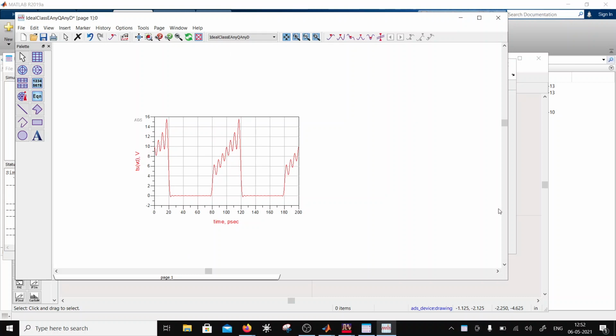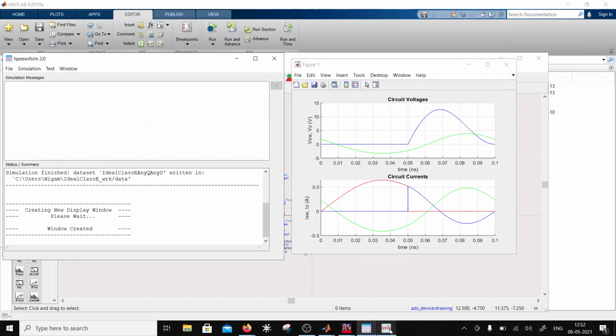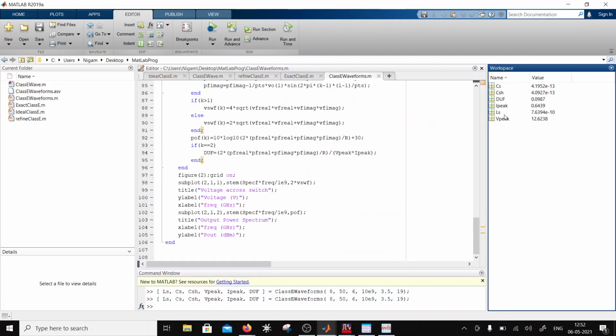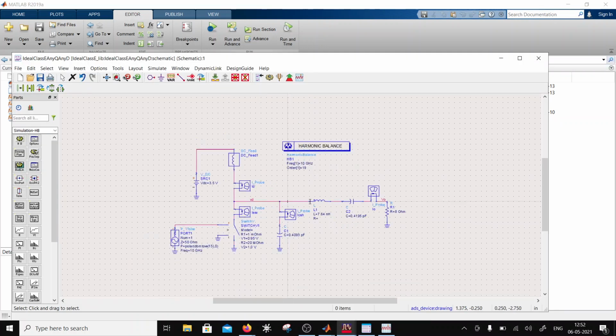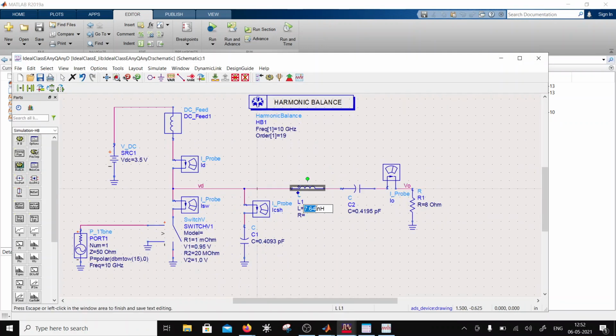What has happened here? Let me see if all the numbers are correct. LS is 7.6. Oh, there's a mistake here. This is 0.7639 nanohenry. There is a mistake here. 0.7639 nanohenry.